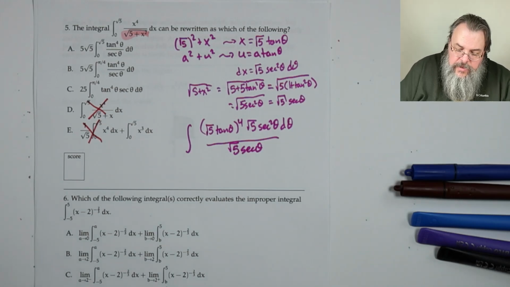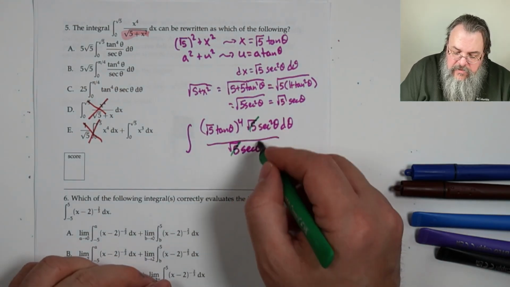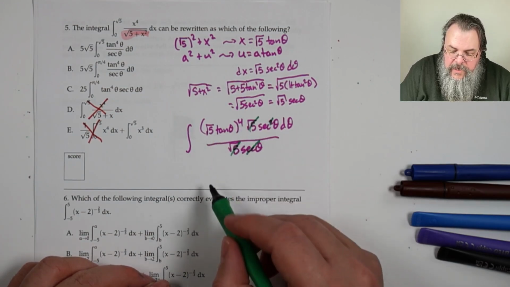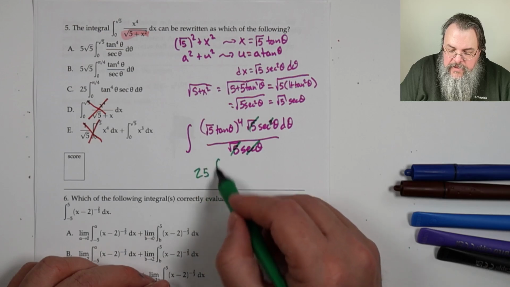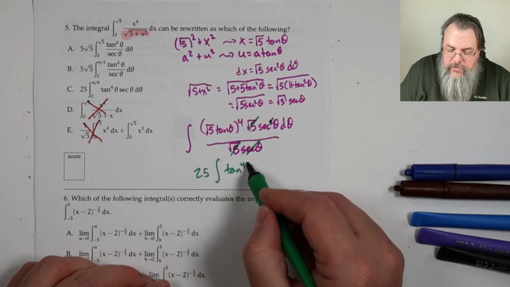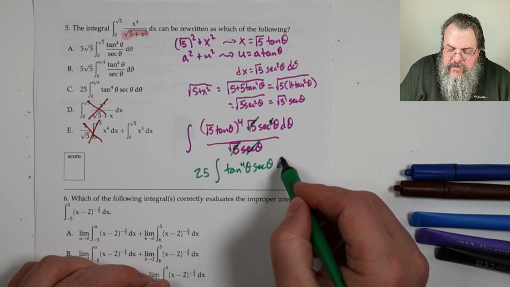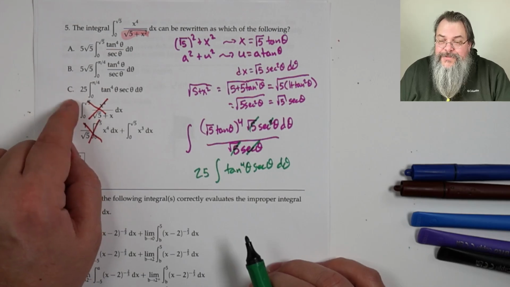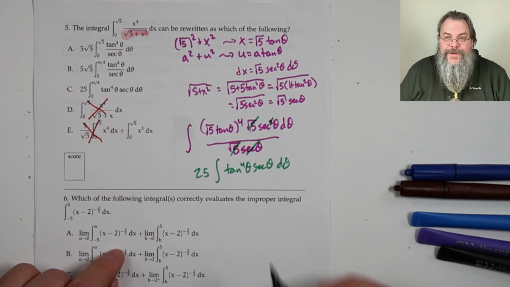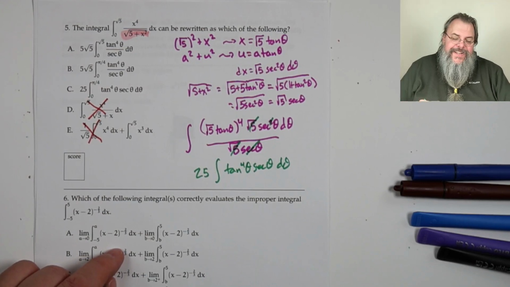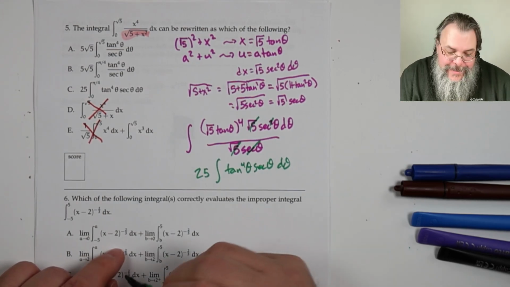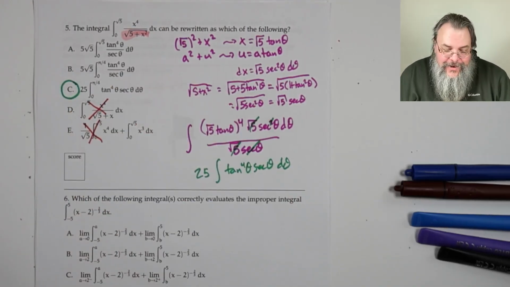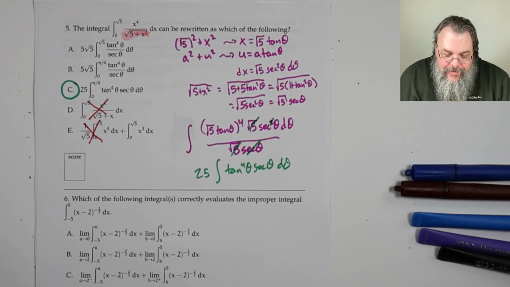We can get a square root of 5 to cancel. We can get a secant to cancel. And we have square root of 5 to the fourth makes 25. So we have 25 integral tangent to the fourth theta, secant theta, d theta. There's only one of those options. Ha! Whew! Good. That makes it a lot easier. Okay. So that says our answer is C.